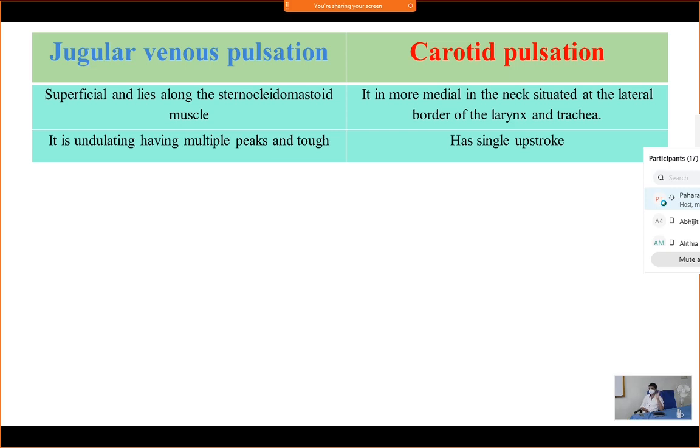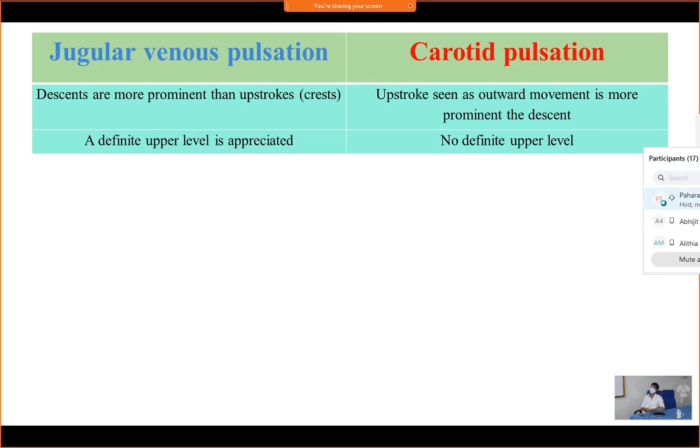They have a single upstroke, a single movement. Here, the jugular venous pulsation is undulating. Then the jugular venous pressure descends; the inward movement is more prominent than the upstroke, the crest. But in carotid pulsation, the outward movement is more prominent than the descent.